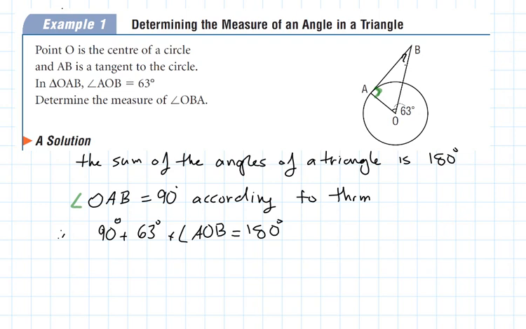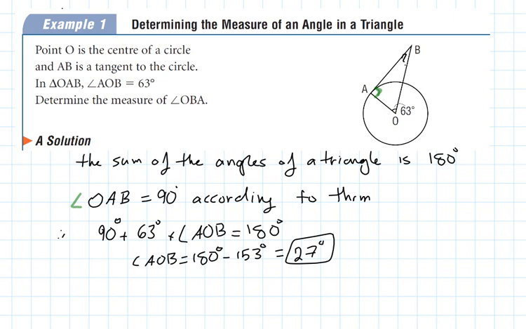So 90 plus 63 is 153. So the angle AOB equals 180 minus 153, and that will give us 27 degrees. Okay, that's how you solve this kind of problem.